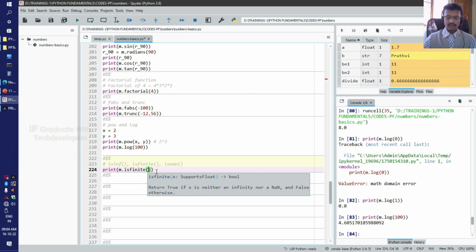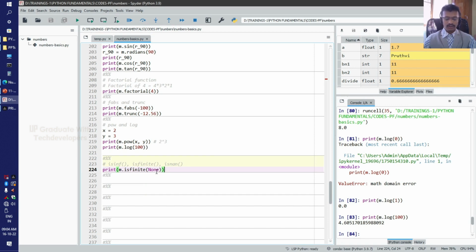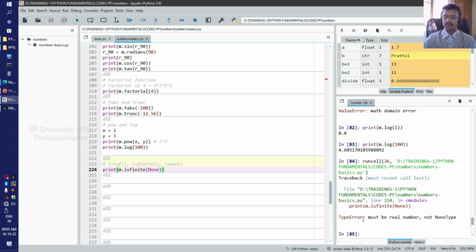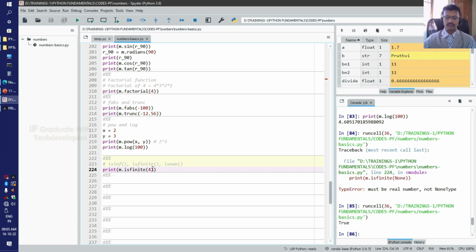For example, if I use None, not a number, then it results in a type error, must be real number, not NoneType. Okay. Let us use, for example, 4. What does it result? True, because it is a finite number.